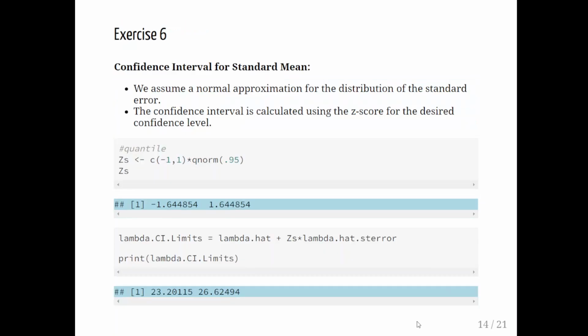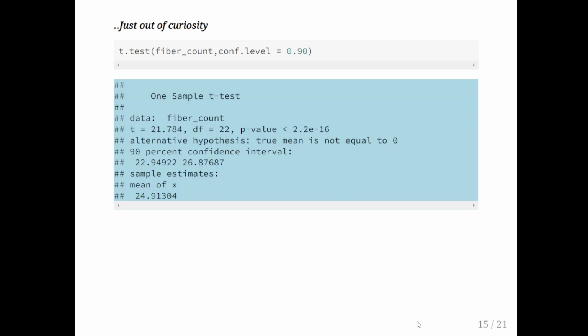Let's just go back there. It's close enough, but it's just using a different approximation, different distributional assumptions. In the grand scheme of things, it probably doesn't matter too much because really it's a matter of sample size here. So you can only do the best you can with the data you have to work with.